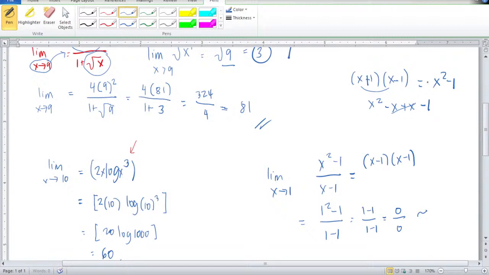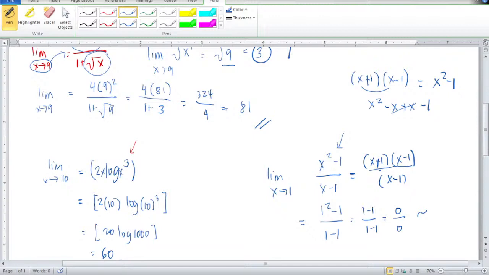So therefore, class, instead of x squared minus 1, we can substitute x plus 1 times x minus 1. And we have here x minus 1. Now, looking at the equation, we can simplify it. Pio Quinto is right, he commented: indeterminate.